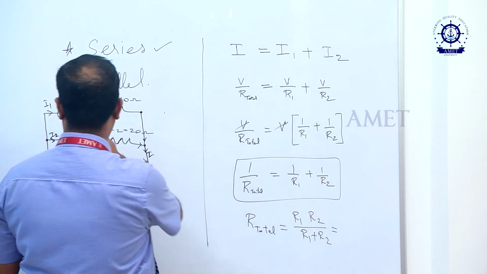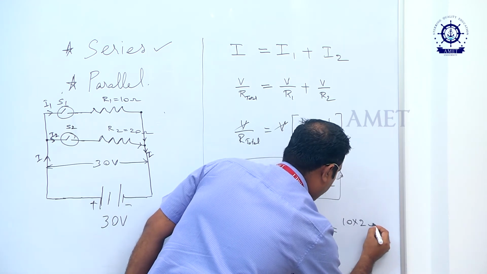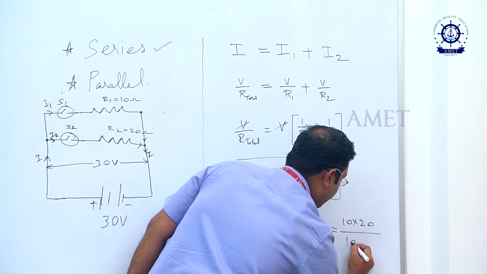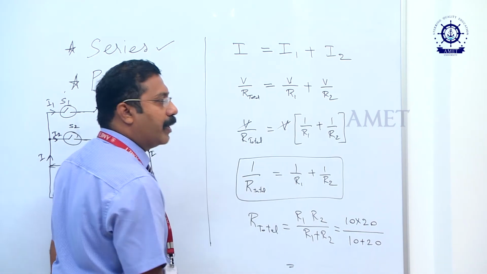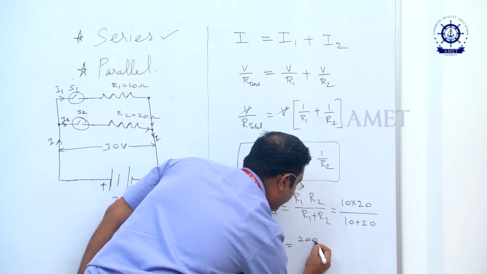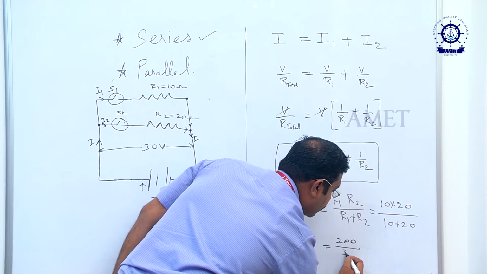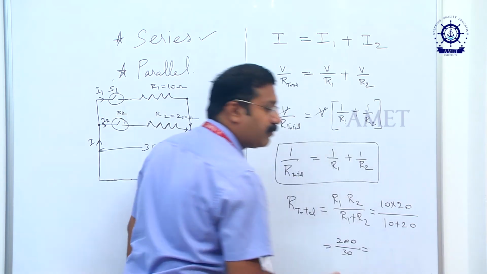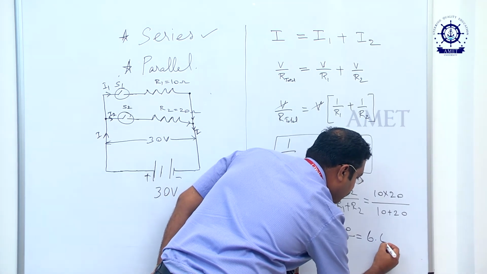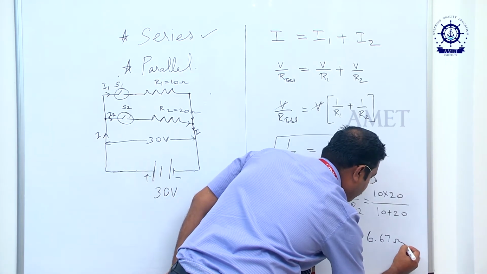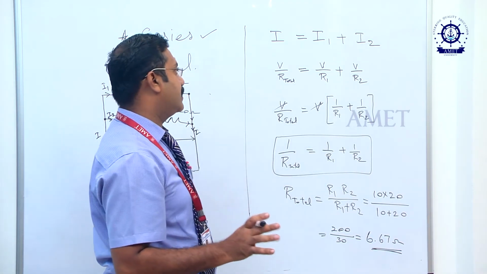R1 is 10 ohm, R2 is 20 ohm, therefore 10 into 20 is 200, divided by 20 plus 10, which is 30. The answer is 6.67 ohms. This 6.67 is the total resistance.